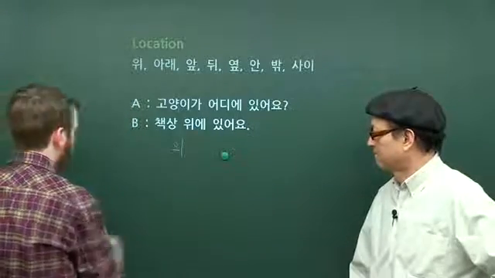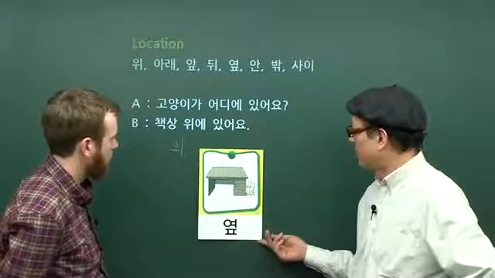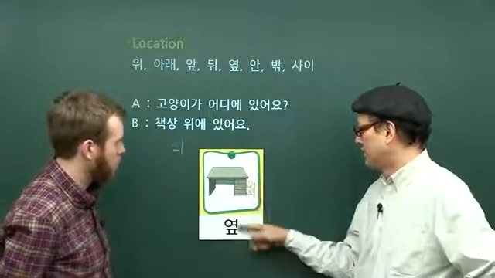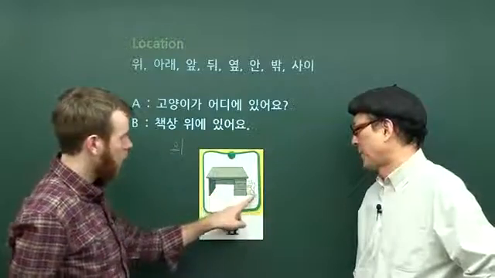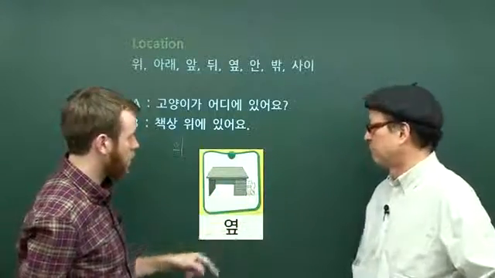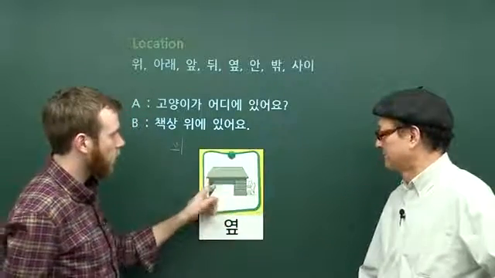And one more here. 책상 옆에 있어요. So I can say now, the cat is beside the desk. Now, in this case, I can say the same thing about the desk, though, right?